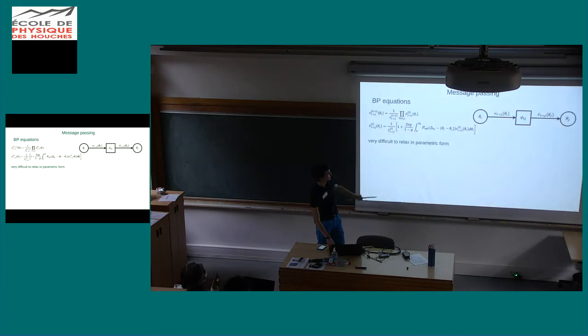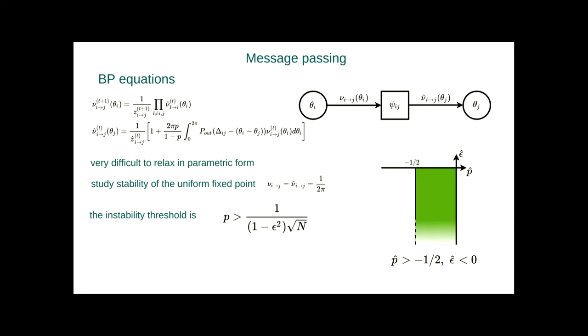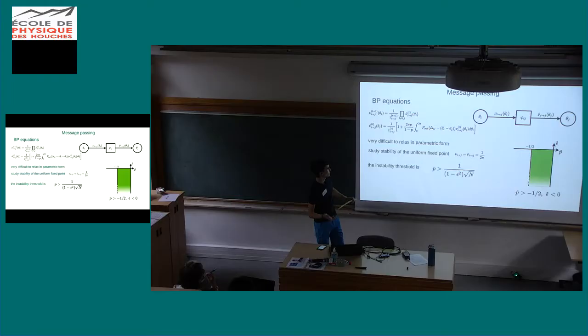So what we can do instead is, for example, linearize everything, and we can study the stability of this fixed point and study numerically what happens near the fixed point. Turns out that as soon as we are above the instability threshold, we have a positive correlation between the top eigenvector of the non-backtracking matrix and the planted signal.